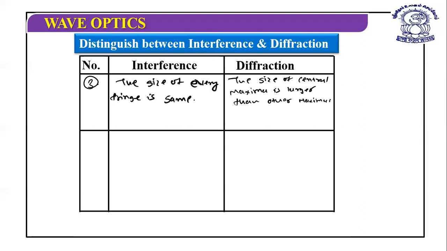All other maxima will have the same width, but the central one is larger. The resolving power of an instrument that works on interference of light.